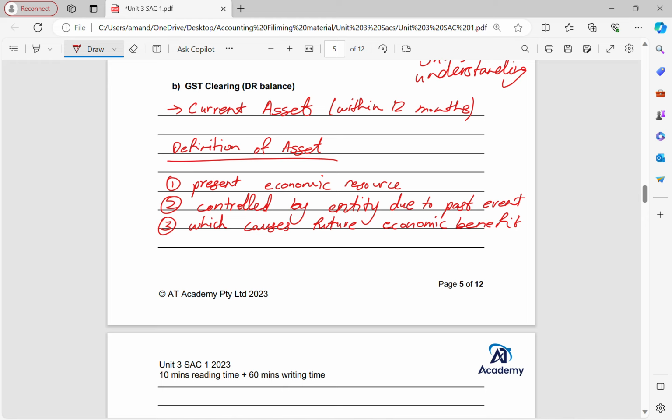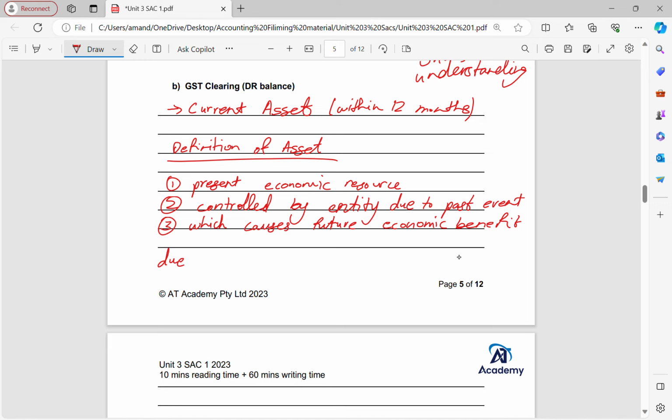So now we link this to the definition. I would start this answer saying GST clearing would be classified as a current asset as it is a present economic resource controlled by the entity as a result of past events.